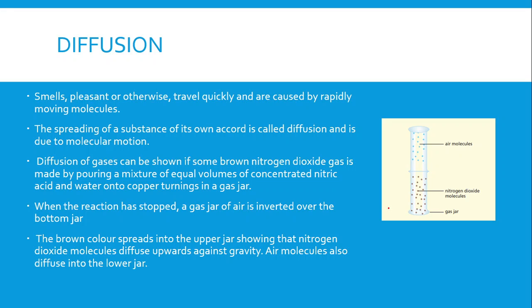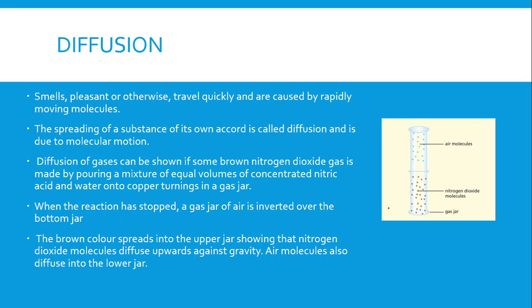However, in diffusion we have a gradient, and it has a proper framework and proper rules that govern it. Diffusion happens from a region of higher concentration to a region of lower concentration.